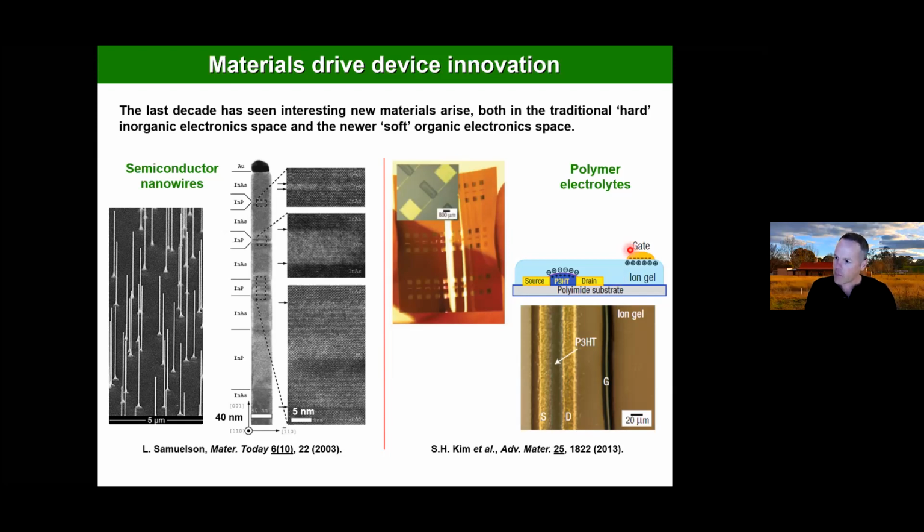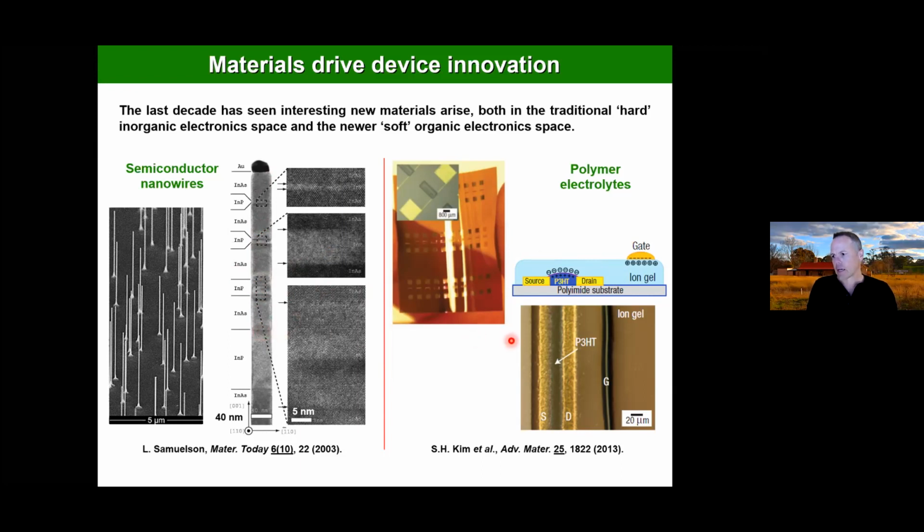A motivator for me in a lot of this work has been on the semiconductor nanowire side, having structures with very highly exposed conducting channels that are very sensitive to surface effects. With these nanowire structures, you've got a material system with a very high surface to volume ratio where you can influence the conductivity externally very easily.